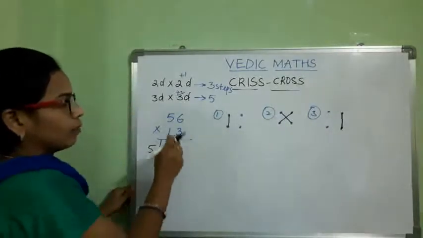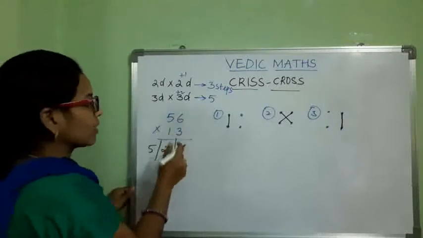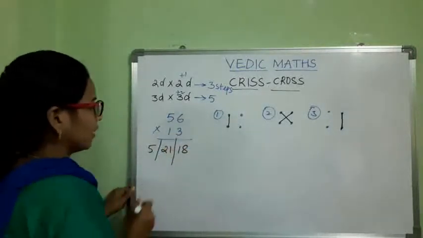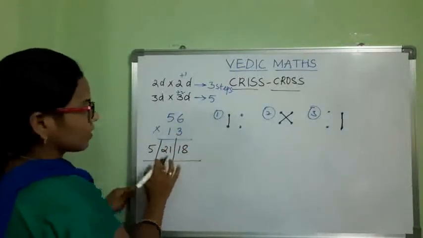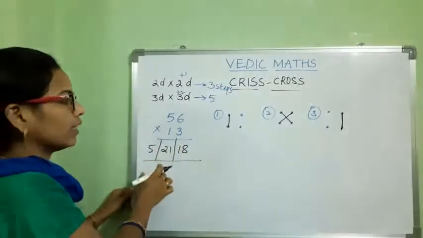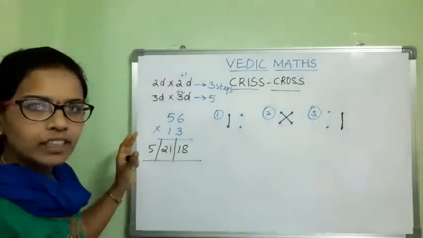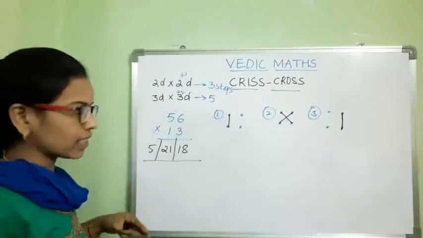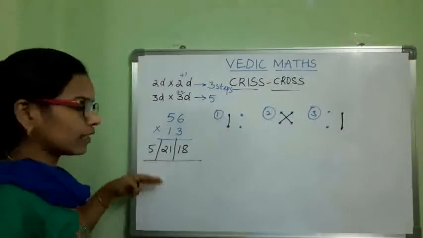Last step, multiply these 2 digits. 6 3s are 18. This is not the answer. In general multiplication we take three lines, 3 steps, but here we write within 2 steps.